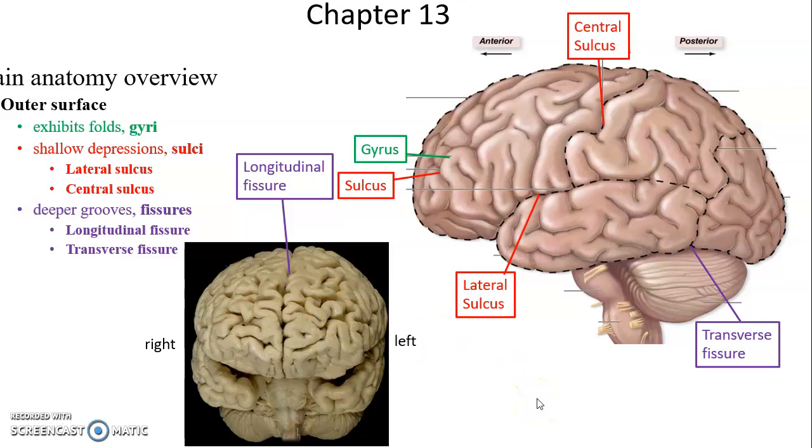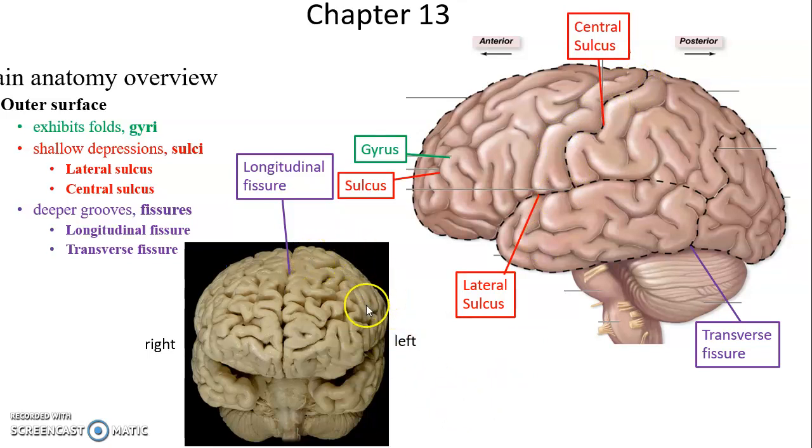Now there are 2 sulci that have names associated with them. We have the lateral sulcus on, surprise, surprise, the lateral side. You can see it partially down here. That is found separating the temporal lobe from the more superior lobes. And then the central sulcus, which isn't as obvious, but it is the sulcus that separates the frontal lobe from the parietal lobe.